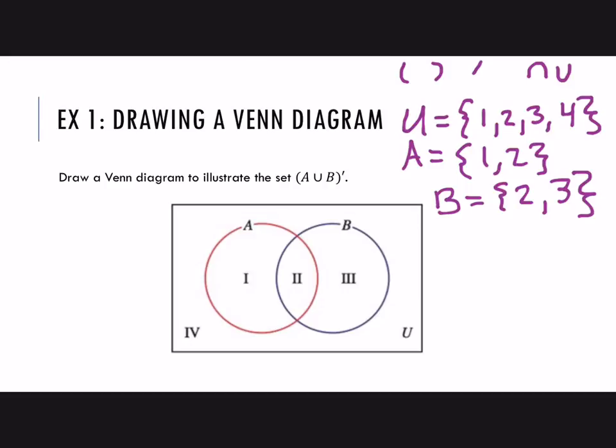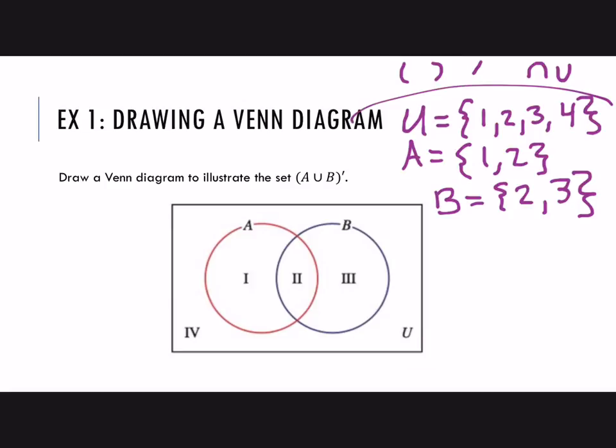Okay, now one thing I wanted to point out is that you'll notice that we have a U and a 4 in this sort of outside region, and I want to make sure you remember, or maybe you're hearing this for the first time, that the universal set is not the same thing as that outside region. Okay, so it's, again, a little bit confusing that the U is written inside the rectangle. Maybe you want to just think of it as like on the edge or labeling it somehow.